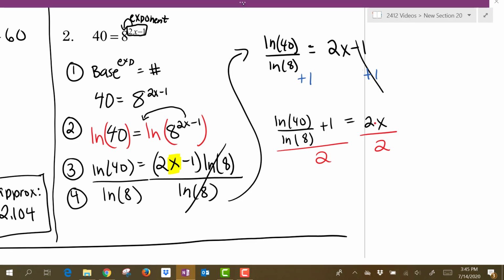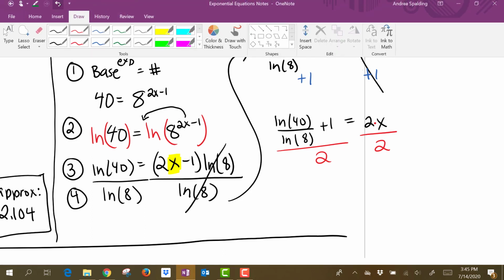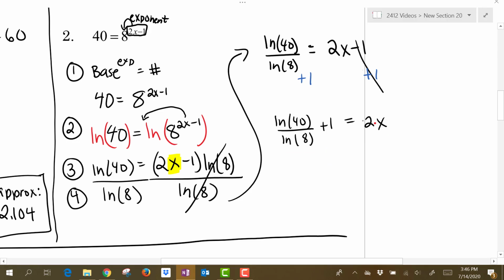So I'm going to take a slightly different approach. Instead of dividing by 2, I'm going to multiply both sides by 1/2. Right, if you do that, then you do need to distribute the 1/2.